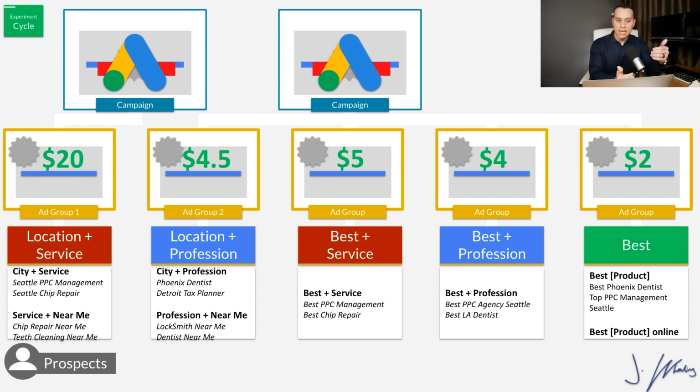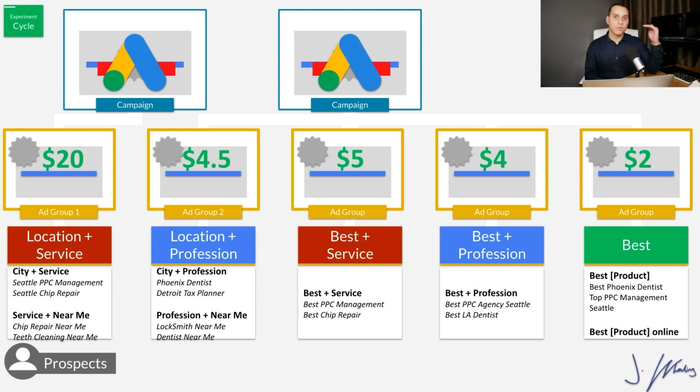But what's most important is because you set your budget at the campaign level, you need to pull out that ad group, put it in its own campaign, and then say, only spend $5 on this, and then maybe $15 for the other 4. And that way you're making sure things are spread much more evenly. Because at the ad group level, you can't control how much is being spent. So just keep that in mind.